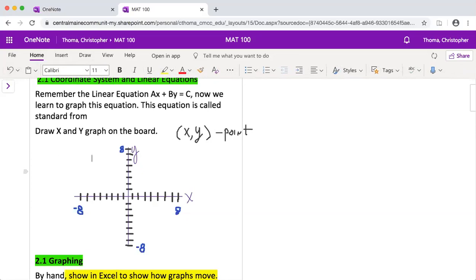We have our quadrants. Each one of these is called a quadrant. So this is quadrant 1. Back here is quadrant 2.